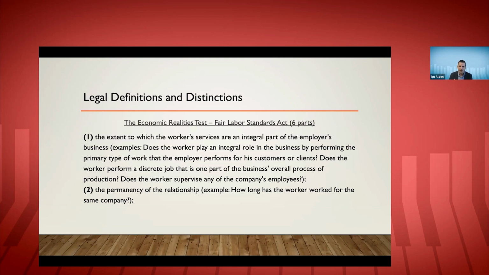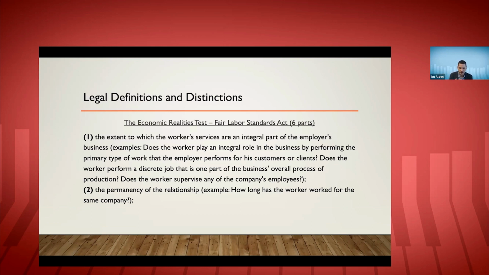You look at the extent to which the worker services are an integral part of the employer's business. Do they perform the primary type of work that the employer performs for their customers or clients? This is part B of the ABC test. Basically, does what the independent contractor is doing so closely aligned with what the business is doing that they're not considered distinct or separate?